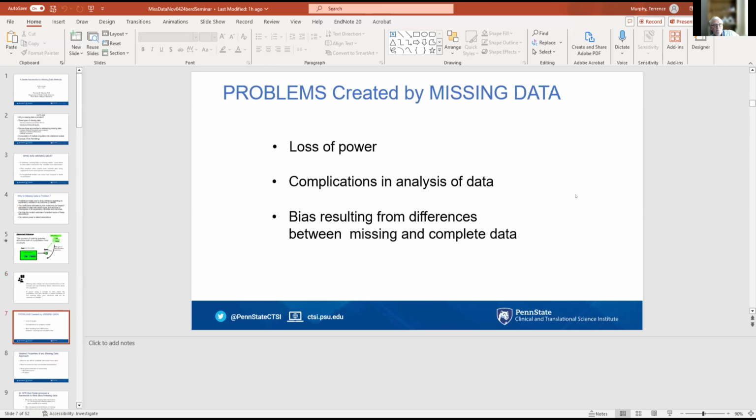So some of the problems created by missing data: there's the loss of power, it can really complicate your analysis, and it can result in biases in the associations that you're estimating because of the differences between the missing and the complete data.